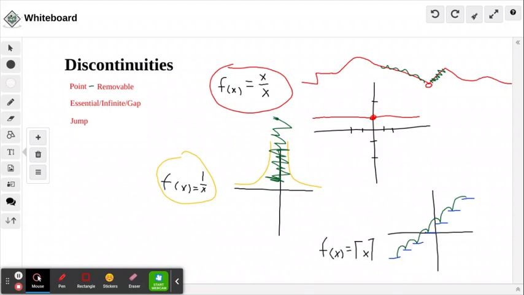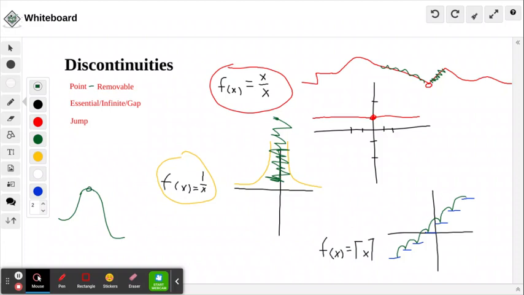So if you have a piecewise defined function and the graph looks like this, and then there's a hole, and then the graph looks like this, and the pieces are broken apart right there, that's non-removable. But if you have this curve and it's all defined as one cohesive function, but there's a hole right there, then it is considered removable.